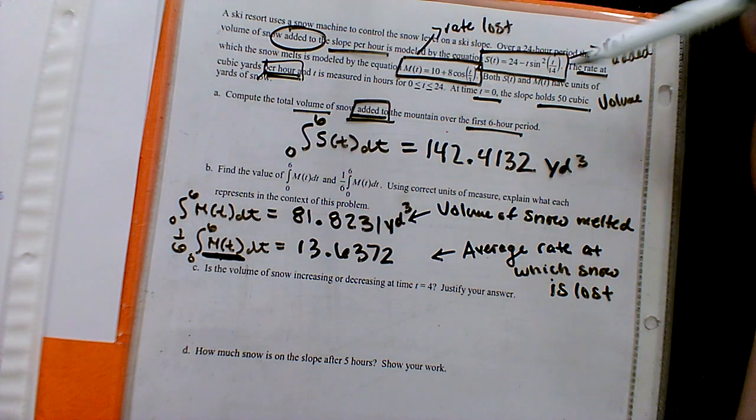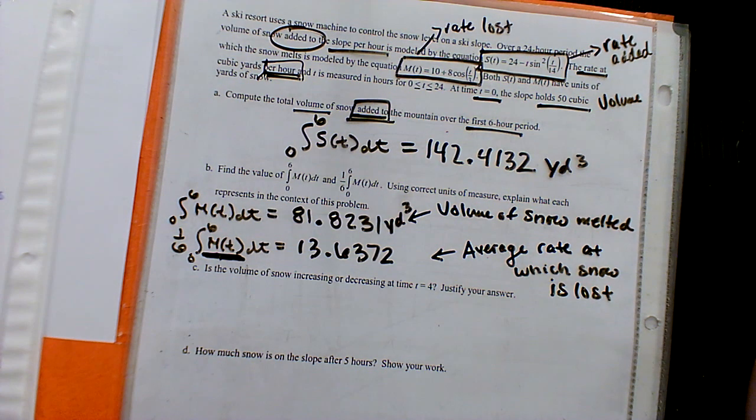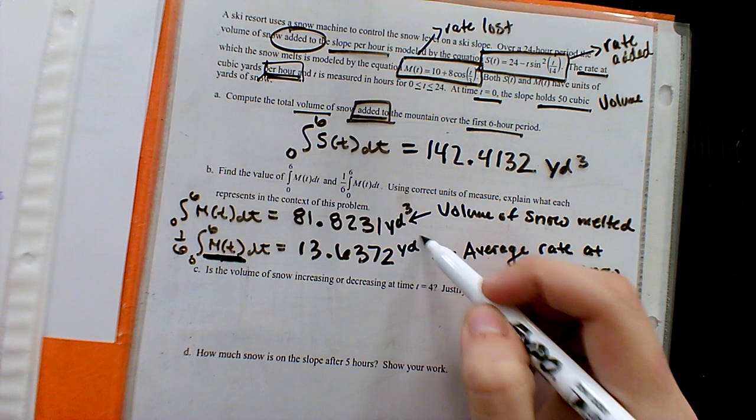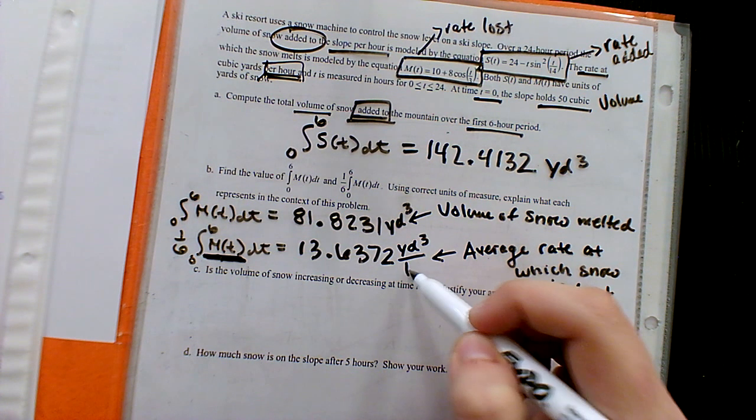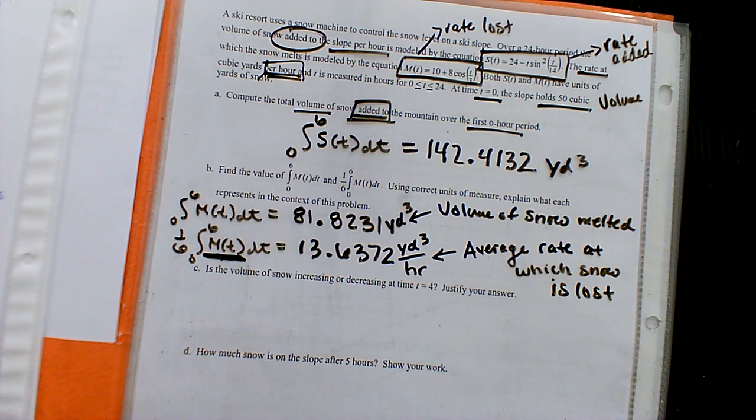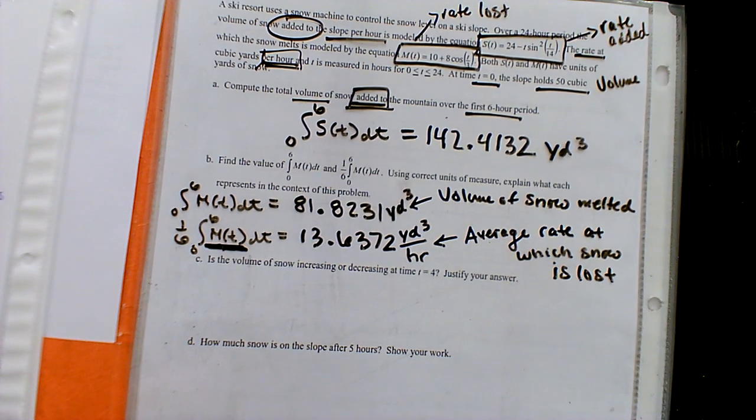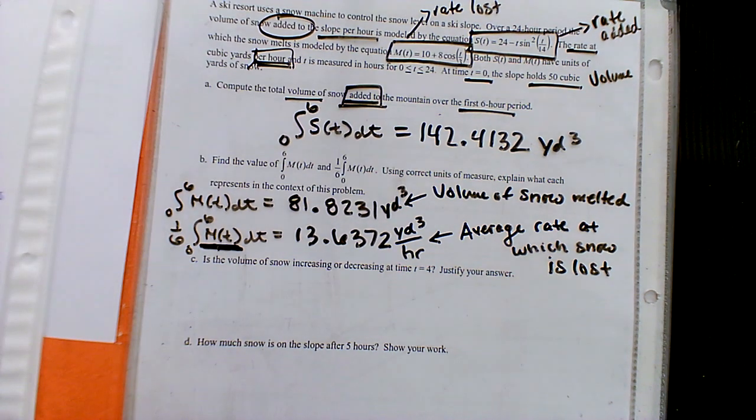So notice how at the top it says the rate at which snow melts. So if we put the average in front of it, it'd be the average rate at which snow melts. That's our meaning. So, like you said, our units would be feet cubed per hour. Are we doing okay with the differences between the two? Okay.